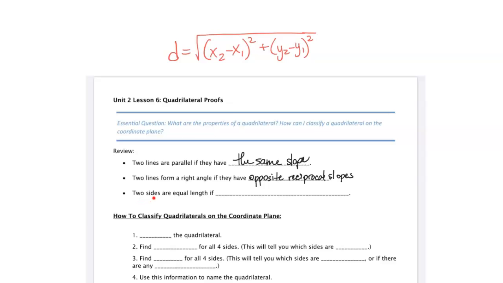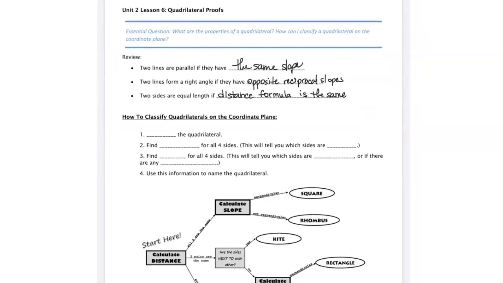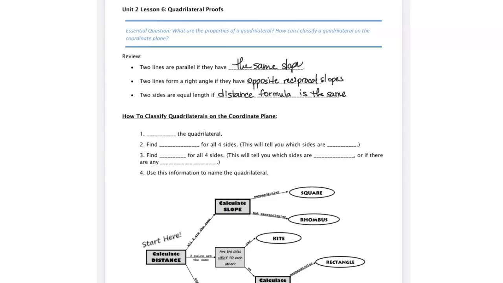And then two sides are equal length if the distance formula is the same. So if we calculate the distance formula for two sides of our quadrilaterals, we'll be able to determine that the two sides are the same if we get the same answer after using our distance formula. Okay, so that was our review.